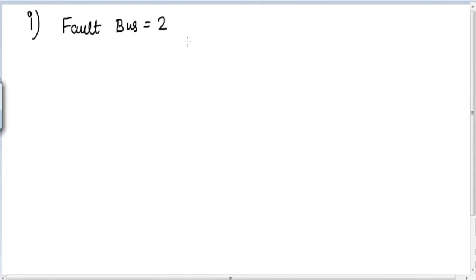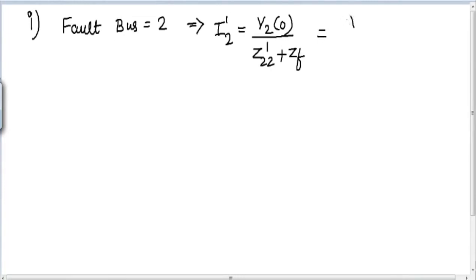So therefore, what we have is I21 is equal to V20 upon Z22 plus ZF. So this is the formula that we have with us, where V2(0) is the pre-fault voltage, which we always take as 1 at an angle 0, right?